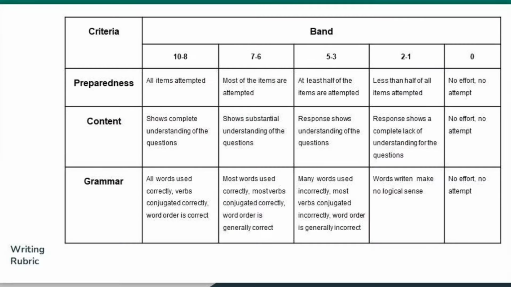Now, let's look at the rubric of this test item for this assessment test kit. There are two rubrics in this assessment test kit. The first one is the writing rubric and then the speaking rubric. In the writing rubric, there are three criteria that are assessed: first, their preparedness, and then their content delivery, and then students are assessed in the grammar criteria.